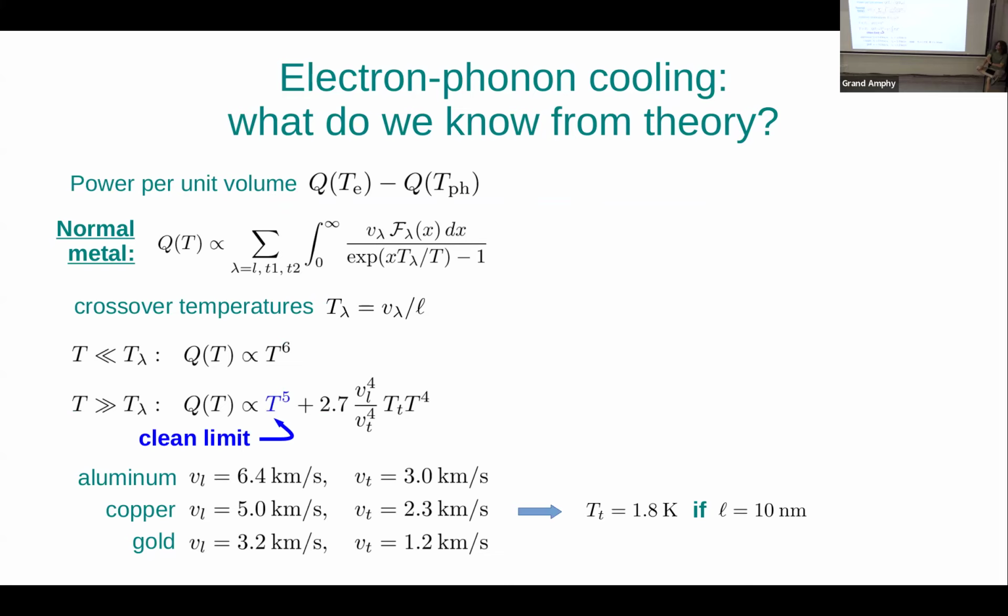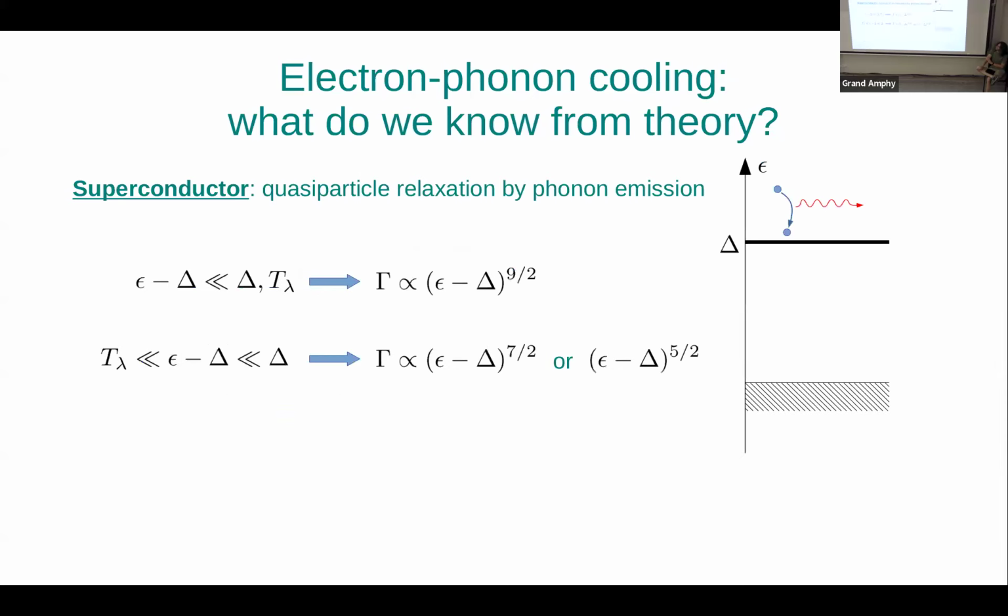You have extra stuff here, but the essence is the same. You have again the same functions that enter in the superconductor. So if you have a quasi-particle slightly above the gap, you have different powers for the relaxation time of this quasi-particle.